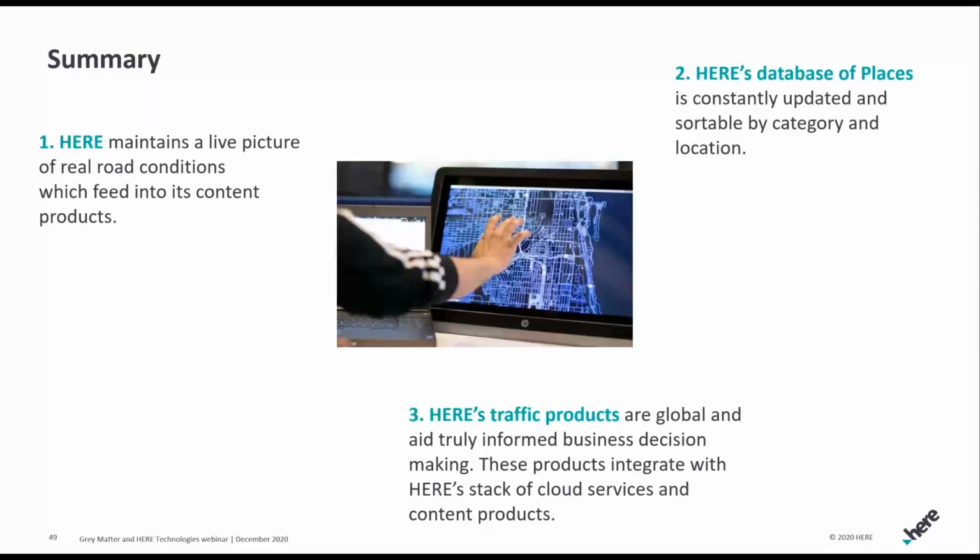So I've just tried to summarize the three talks that we've listened to today. We've certainly seen that HERE maintains a live picture of real-time conditions on the roads, and that's what starts to feed into its content products. It maintains a database of places and information that's constantly being updated and validated, and it has a schema, so it sorts all of that into categories, so you can really do a powerful query.